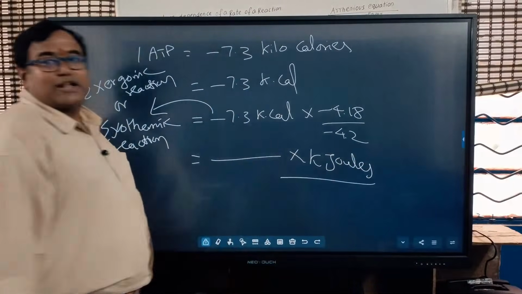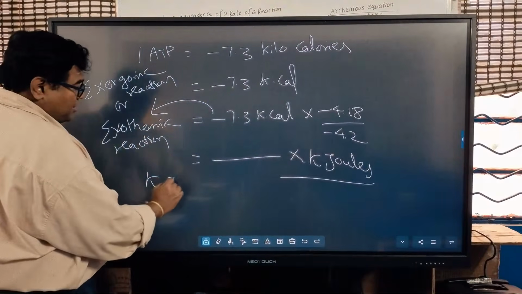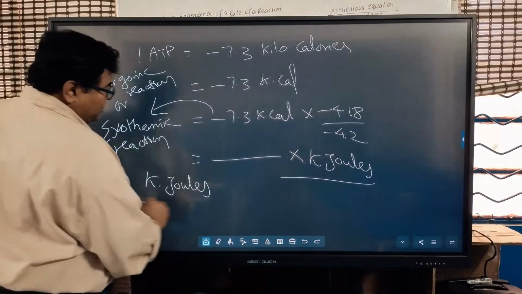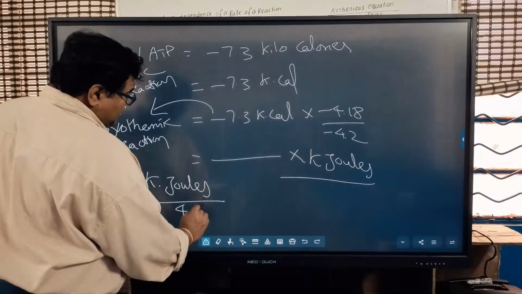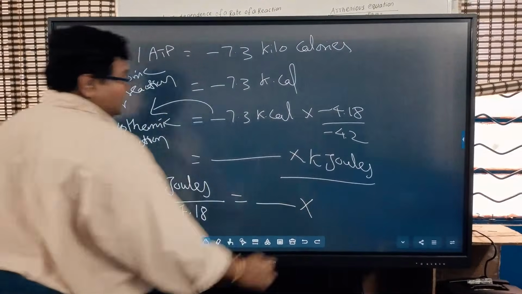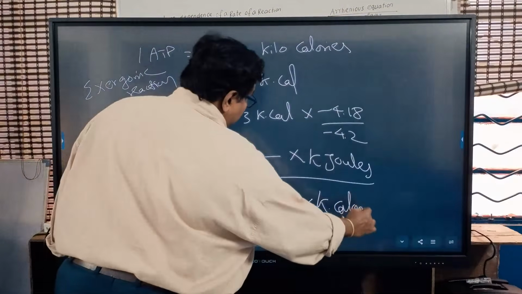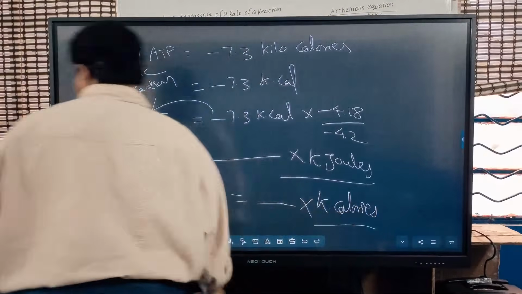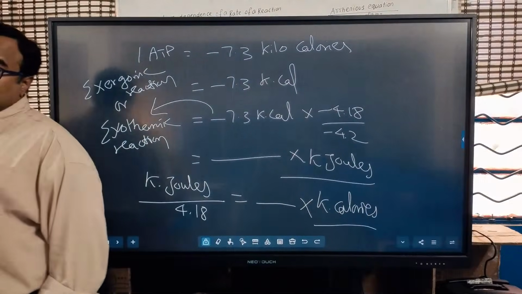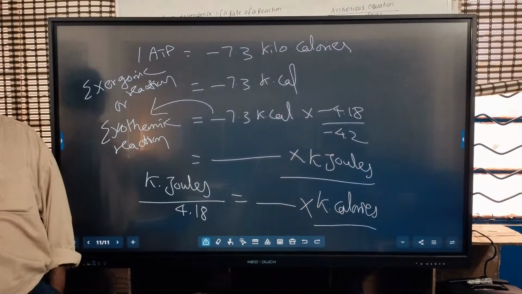We are converting kilocalories into kilojoules. For converting kilojoules into kilocalories, we need to divide. You'll get the value that we need to express in terms of kilocalories, right?